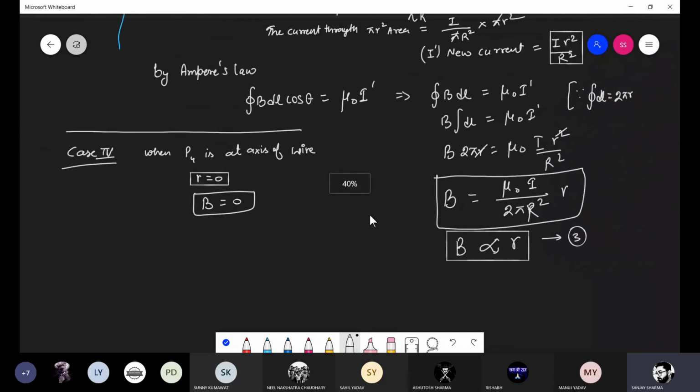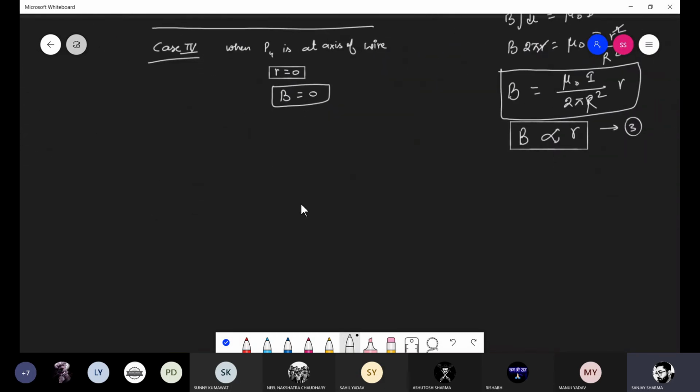Now about its graph, there are 4 results we studied here. Number 1, B is proportional to 1 upon r. Number 2 result, B is equal to constant. Number 3rd result, B is directly proportional to small r.